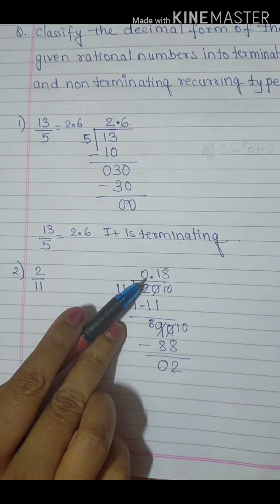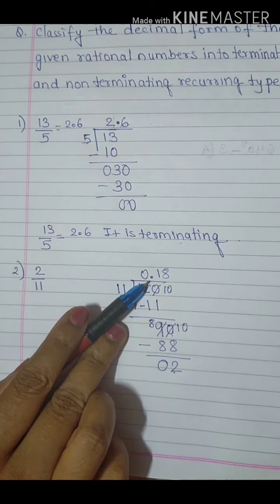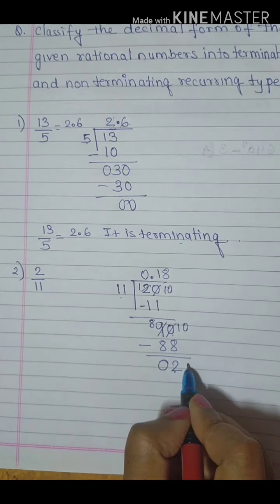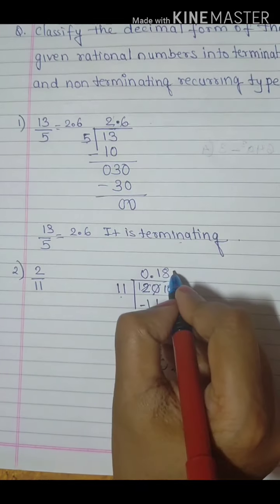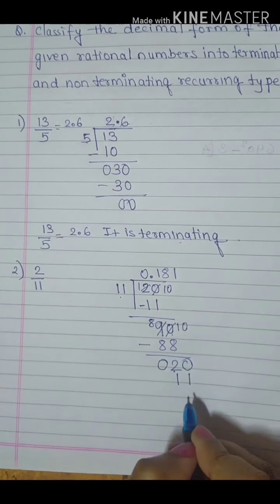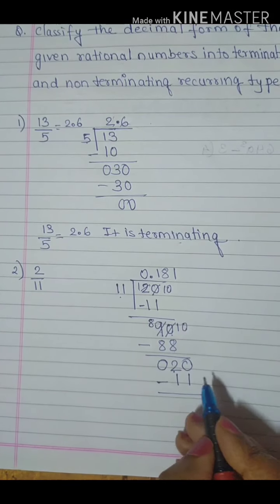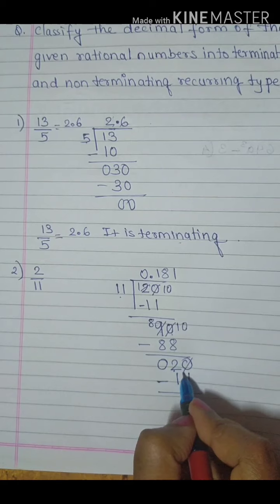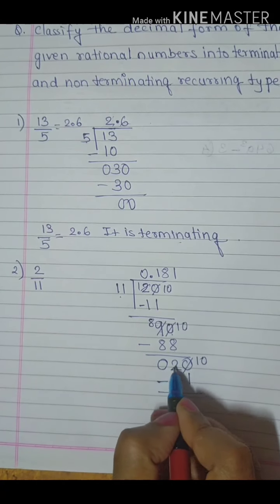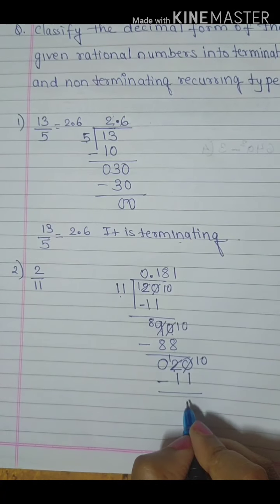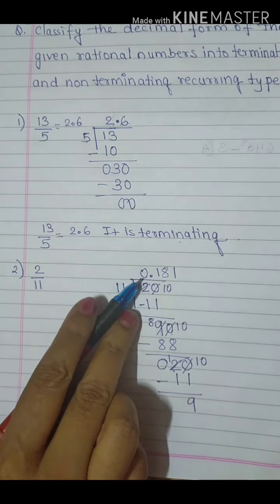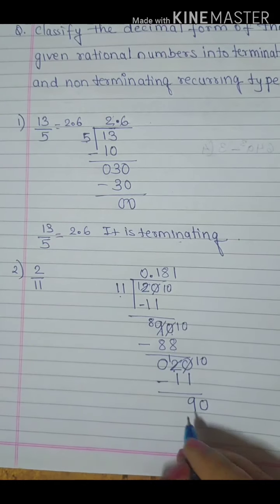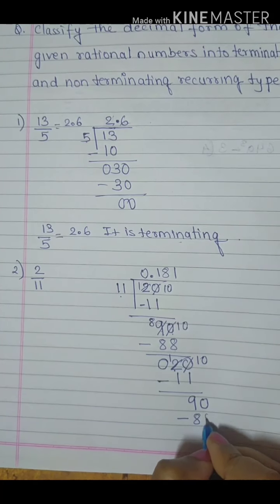So what we are going to do, as you know, we have taken decimal point, so we are taking 0 again here. So again we got 20. Then again we are going to take 11 ones are 11. Okay, again this will become 10, this will become 1. Again we will get 9. Again we will take 0. Again 88.